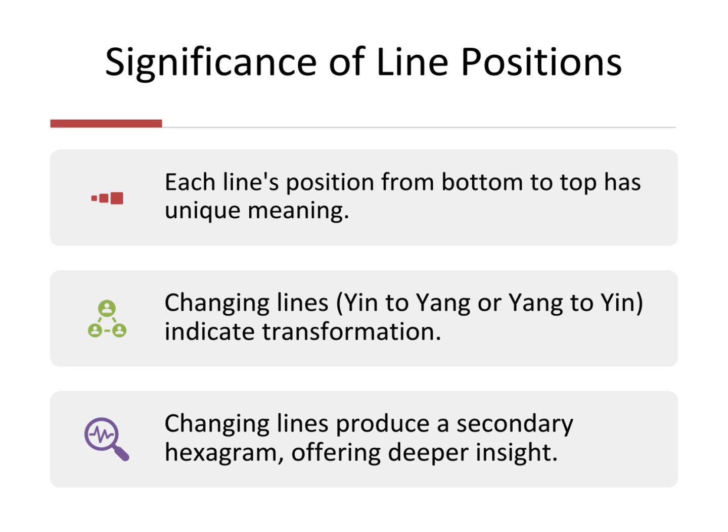I want to emphasize transformation to highlight its importance. When these changes occur, they aren't just isolated events. They create what's known as a secondary hexagram. We diverge into deeper meaning of the initial hexagram.